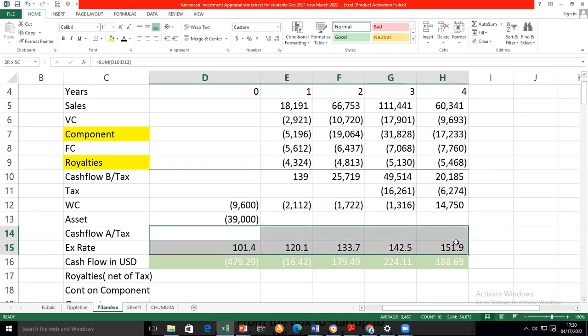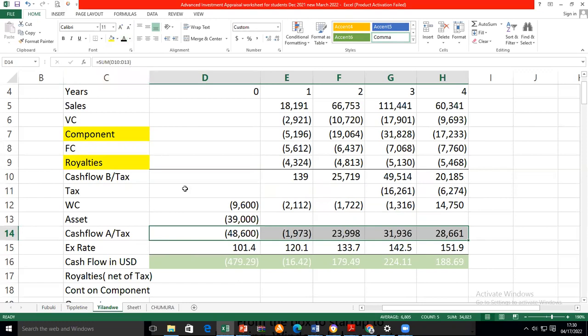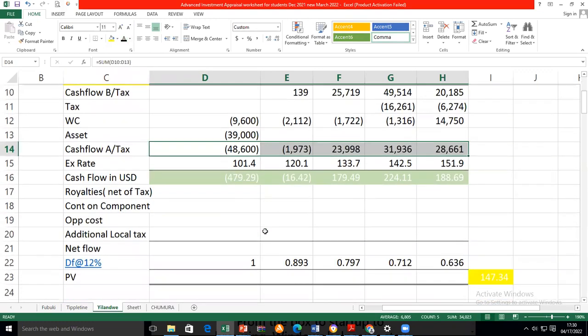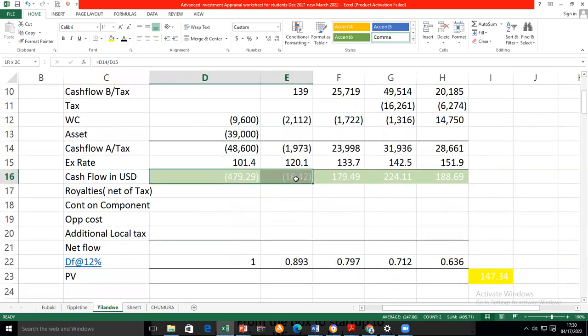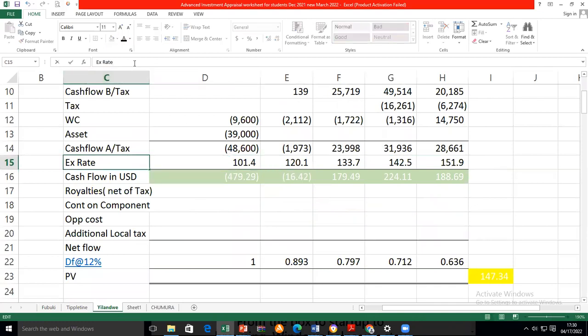Then from there, you go to cash flow after tax. Then we convert this, you must put the exchange rate. That is the exchange rate is YR on, okay.